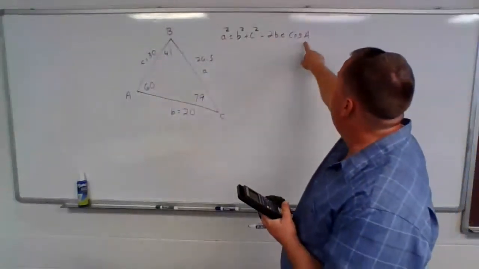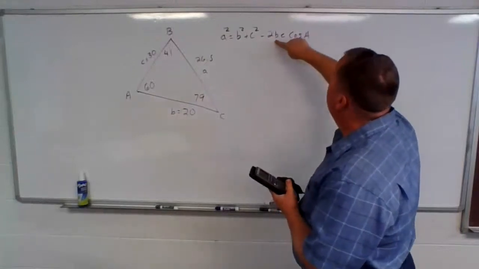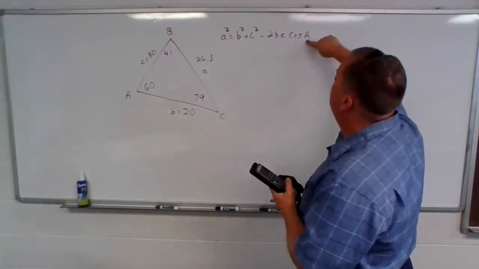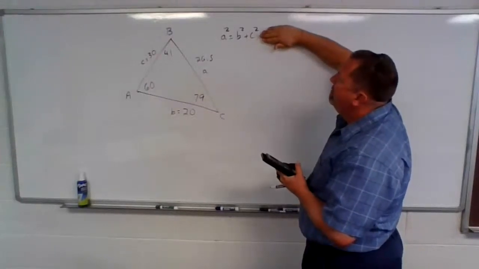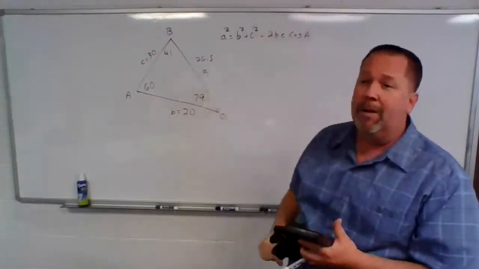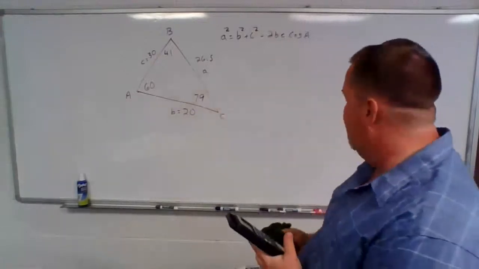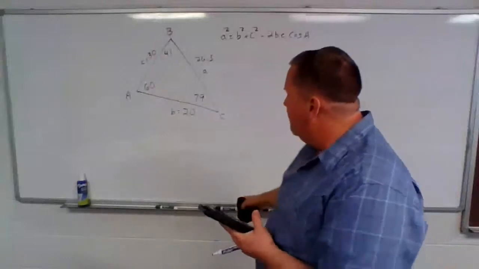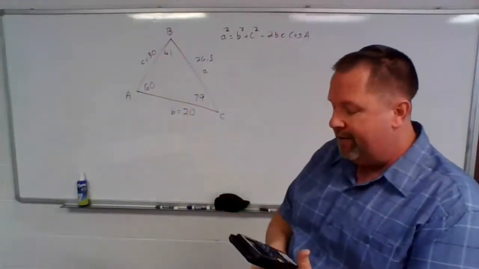And so what that would do, if this angle was 90 degrees, all of this would get wiped out because it's being multiplied by 0. And all of a sudden, look where I'm at. I'm at the Pythagorean theorem. I just kind of have my A's, B's, and C's switched around. So it's very similar, the law of cosines, to the Pythagorean theorem. It's kind of like the full extent of it.